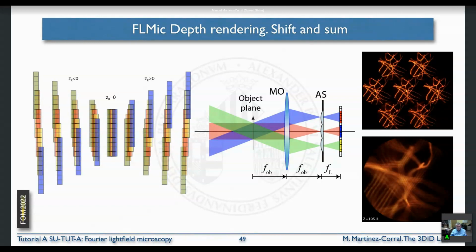Therefore, for example, in this case, when you make a stack of all the elemental images, all with no displacement between them, this plane in the previous slide was the plane of the infinite.